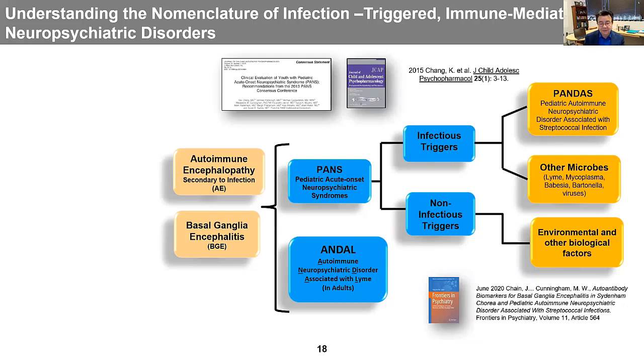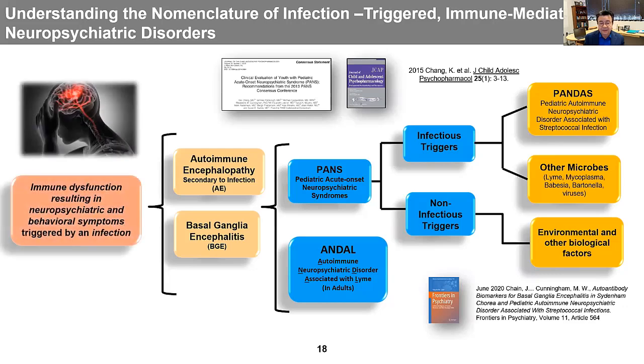Sometimes you'll see it referred to as basal ganglia encephalitis. But at the end of the day, regardless of your age, regardless of the triggering organism, it's an immune dysfunction that results in neuropsychiatric and behavioral symptoms that is triggered by an infection.